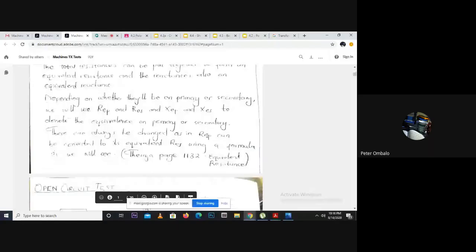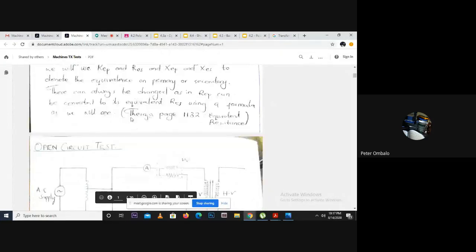R equivalent on primary can be converted to its equivalent R equivalent secondary using a formula, which is what Nyokabi already went through also. You will see the formula in a bit. All that is on page 1132 of the Theraja under equivalent resistance.